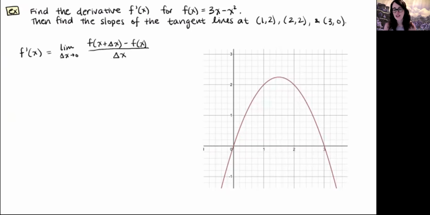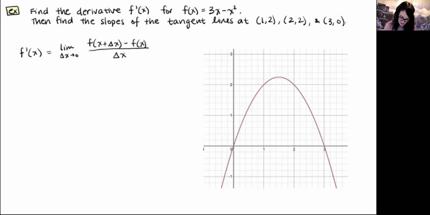If you'd like to use h in place of delta x, you are more than welcome to do that. It doesn't make a difference. Again, I like the delta x because it reminds us what we are doing. We're finding the slopes of secant lines and then making those 2 points get closer together so that our secant line becomes a tangent line.